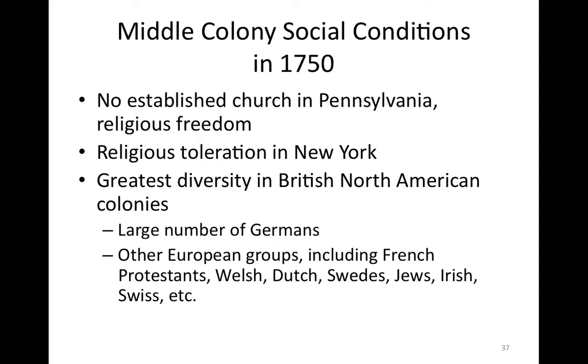In France, being Protestant Christian meant persecution, and so many of those French Protestants came to the middle colonies where they could practice their own religion. From Wales and Great Britain, the Dutch, many of whom had stayed behind from the earliest generations of New Amsterdam, Swedish people, Jewish people, Irish people, etc.